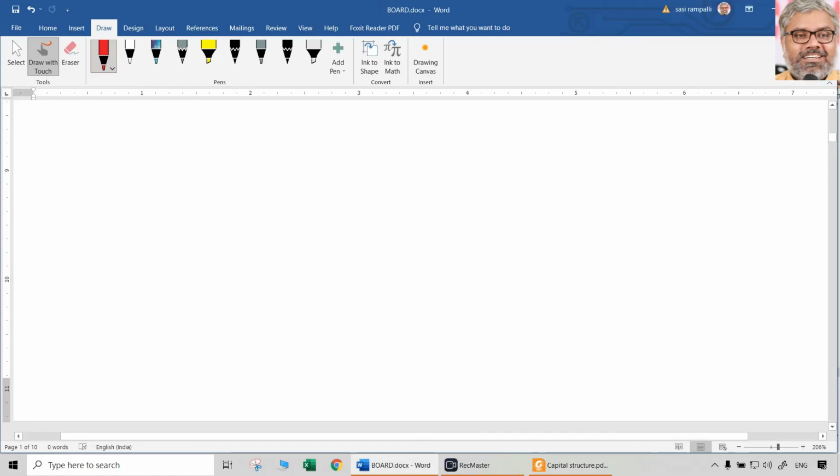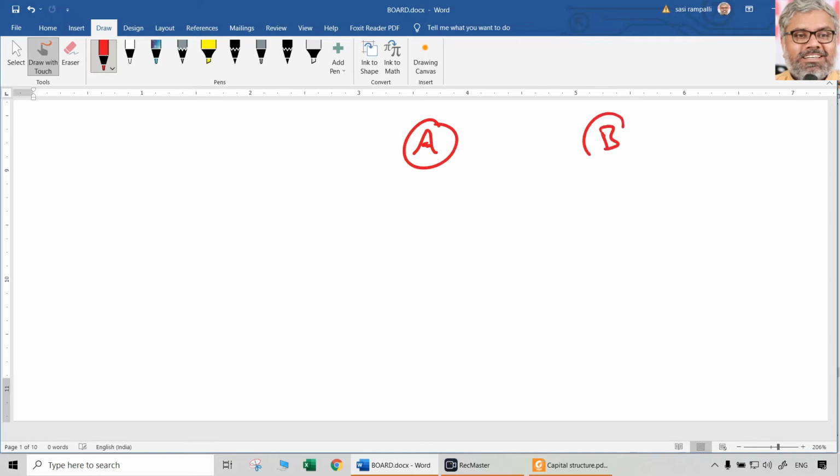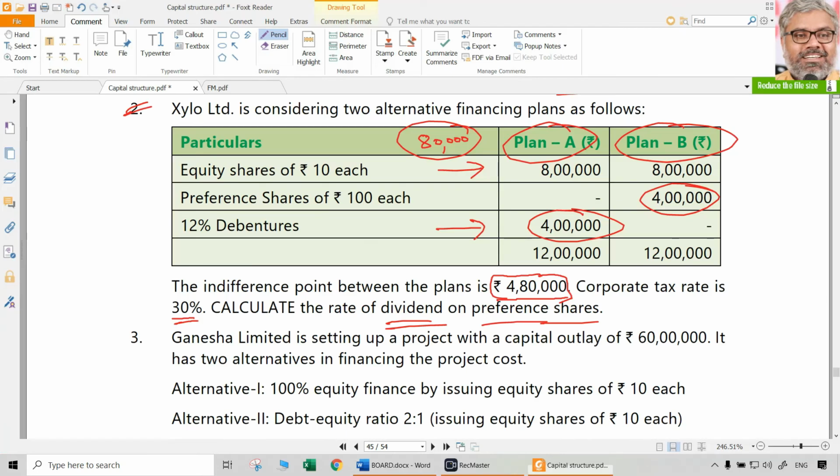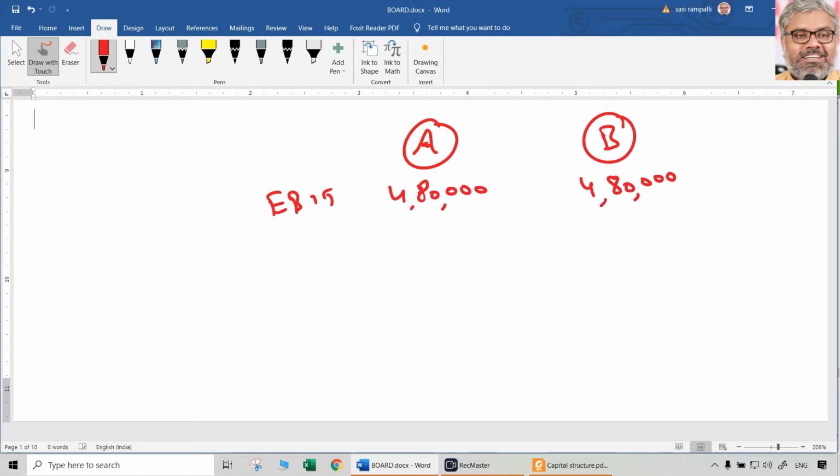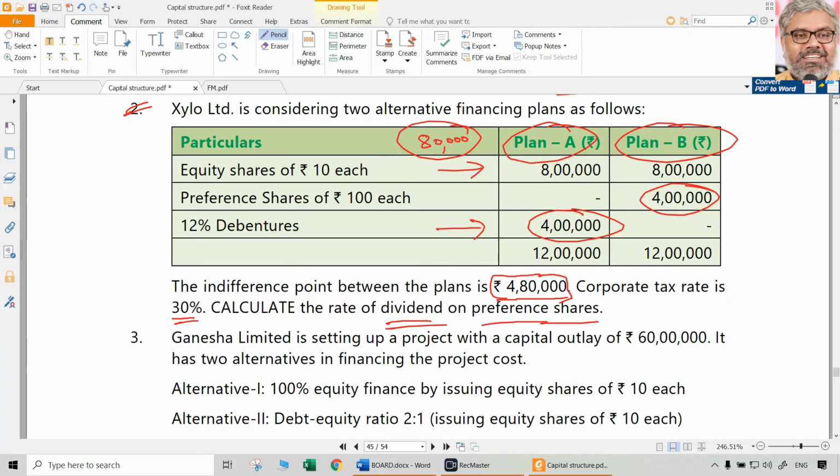All of that can be done. So let us just use a simple statement format. Plan A, Plan B. EBIT is the indifference point, right? So that is given already, which is 4,80,000 in both cases. Then interest.